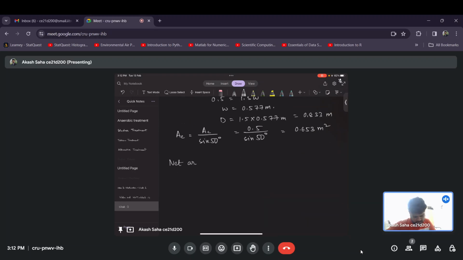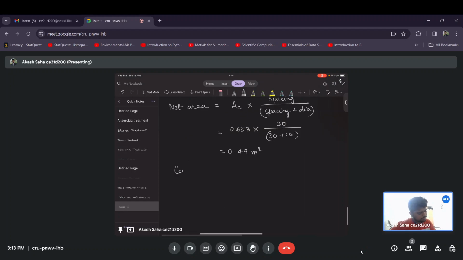Now my net area will be equal to my effective area into spacing divided by the spacing plus diameter. So my effective area is 0.653 into 30 divided by 30 plus 10. So my net area will be 0.49 meter square.